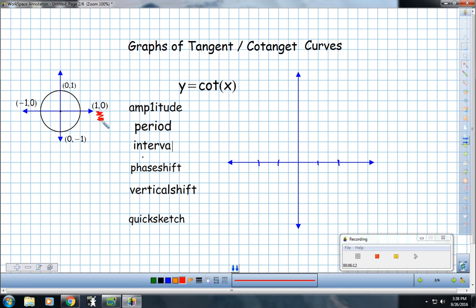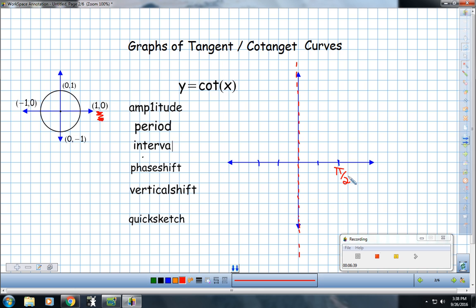The cotangent ratio is x over y, which would be 1 over 0. 0 is under, so on a cotangent curve, at 0 radians or 0 degrees, it's undefined, so there exists an asymptote. Okay?